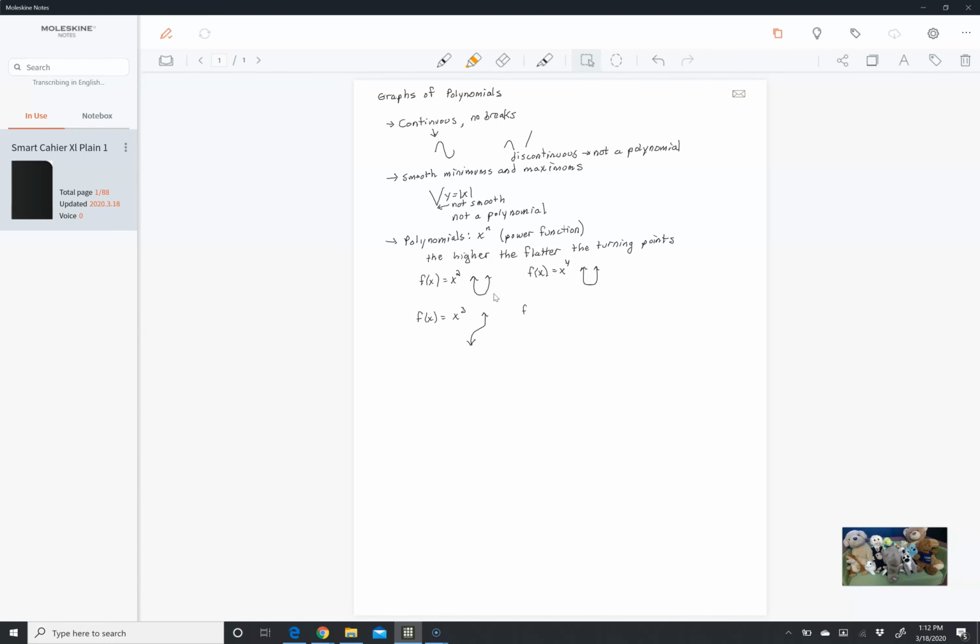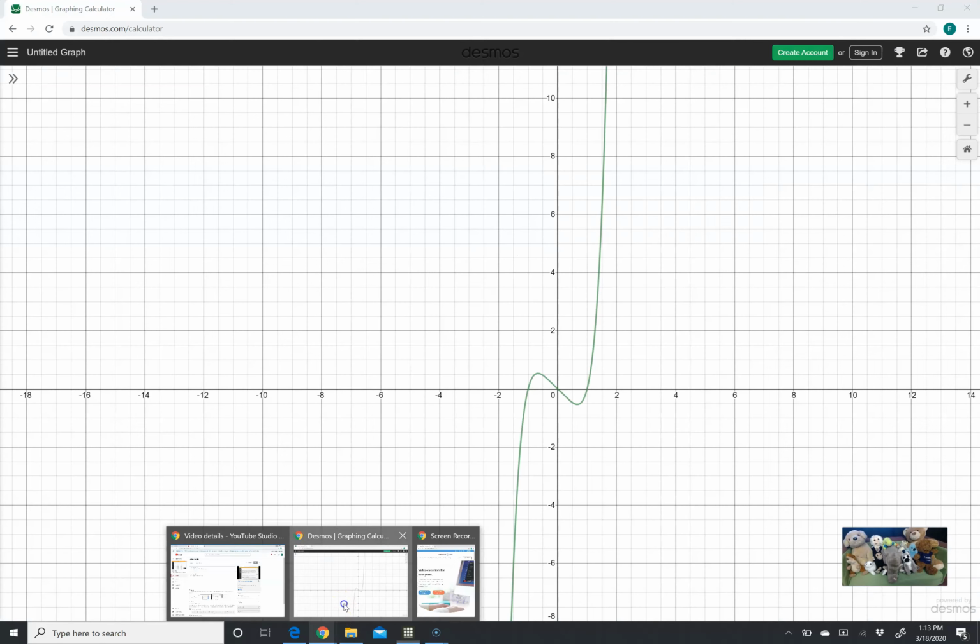And if we have f of x equals x to the fifth, then again, the center is going to be flatter. So it's going to look more like this. Okay.